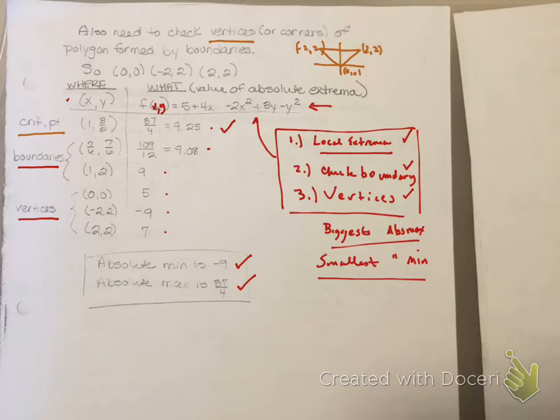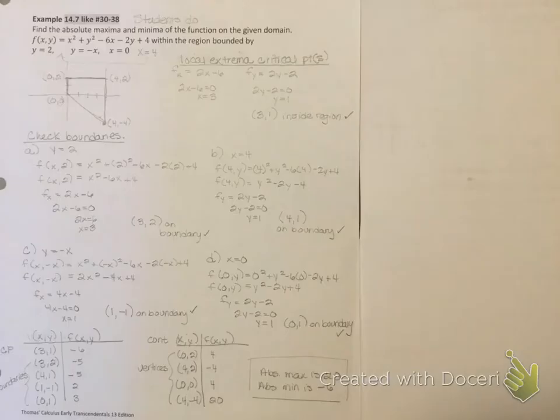So let's look at another one. And again, I'll try not to destroy this one. You have this multivariable function. You have this set of boundaries right here. If you graph those boundaries, you end up with this line right here. You also have x equals 4. There's another line, so that needs to be included as a boundary.